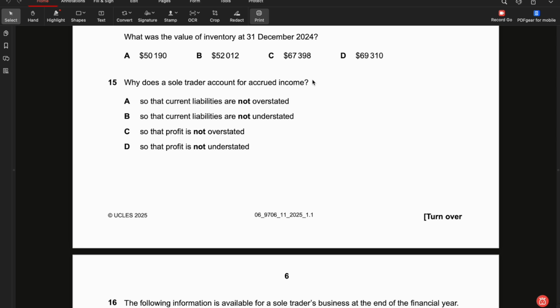And that is as per the matching concept or accrual basis. So why do we do that? So that the profit is not understated. Okay, because this is the income I already earned, I should be including that. So your correct answer for 15 is D.